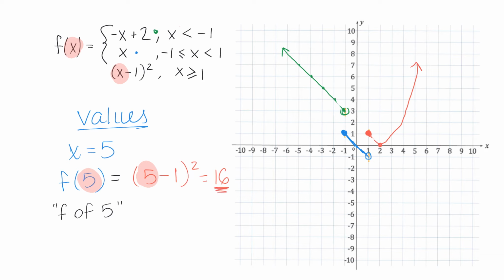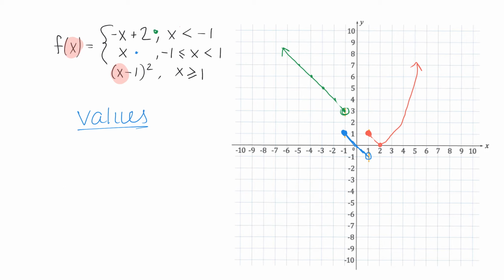Let's look at one more of those. What if I want to know what's happening at f of -2? If you're being asked what f of -2 is, you need to determine which of these functions happens at -2. Well, if we look real closely, is -2 less than -1?